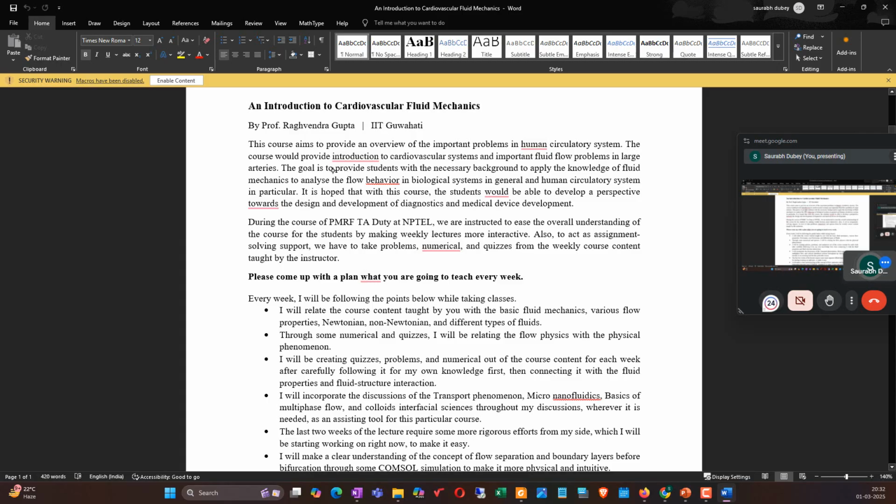The course would provide an introduction to the cardiovascular system and important fluid flow problems in large arteries, right? The goal is to provide the student with the necessary background to apply the knowledge of fluid mechanics to analyze the flow behavior in biological systems, in general human systems.